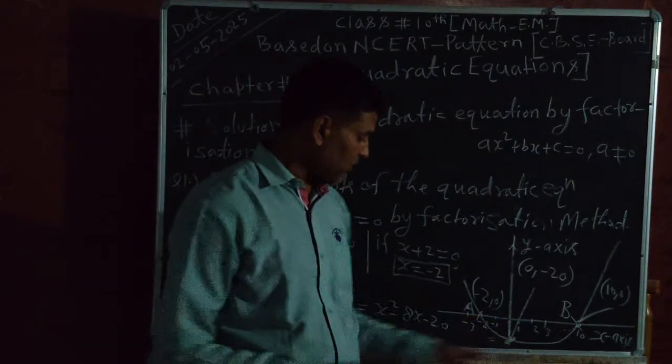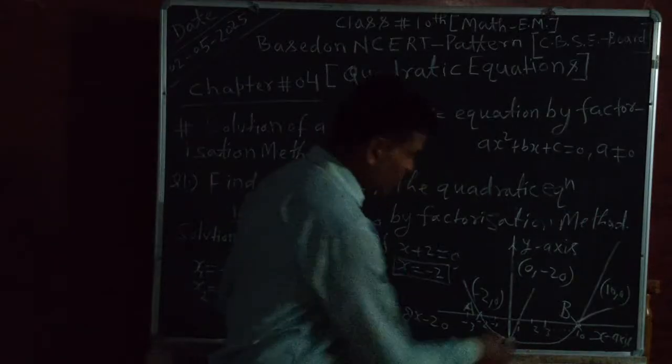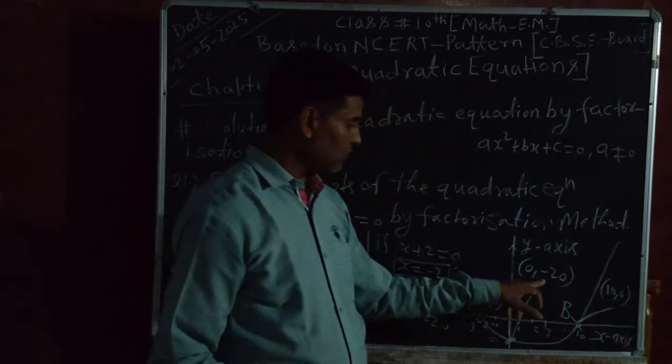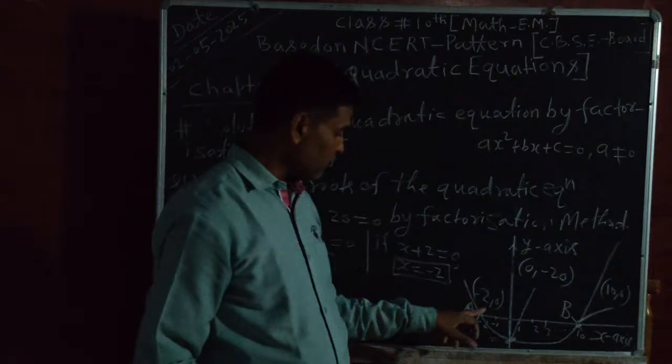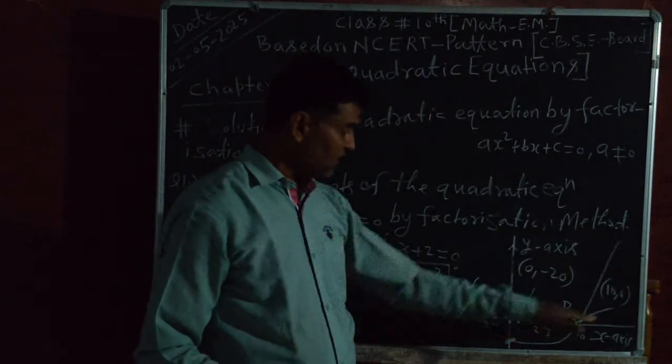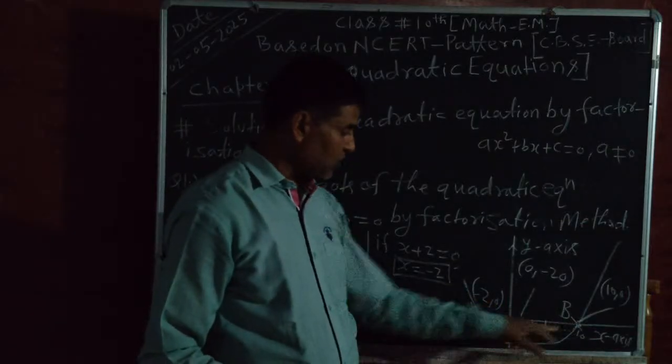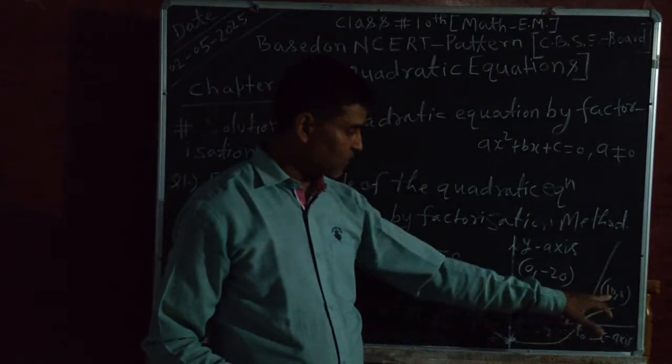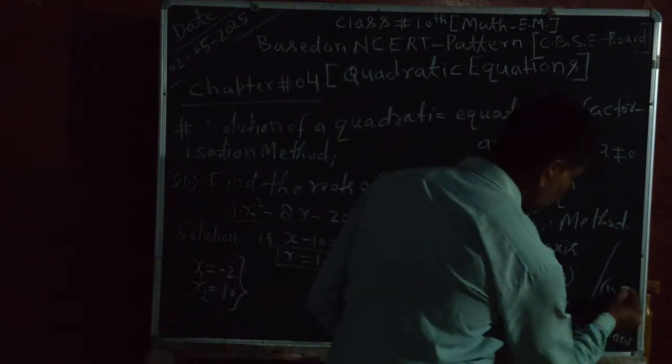So at this point the coordinate will be 0 comma minus 20, and the coordinate of point A is minus 2 comma 0, because on the x-axis y is always 0. So here the value of x is 10 and the value of y is 0. Okay student, so you have to know it very well.